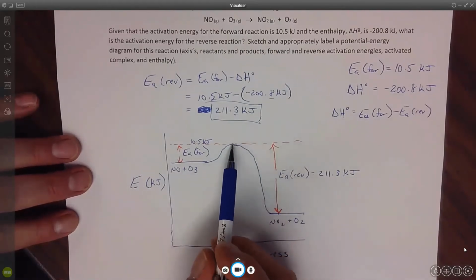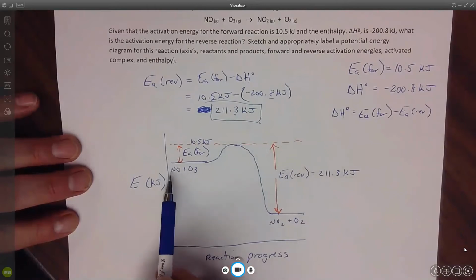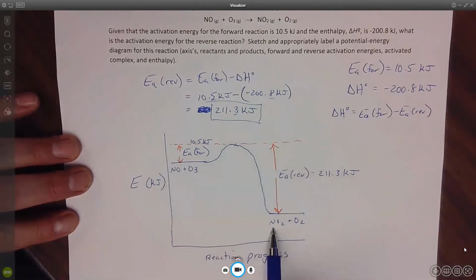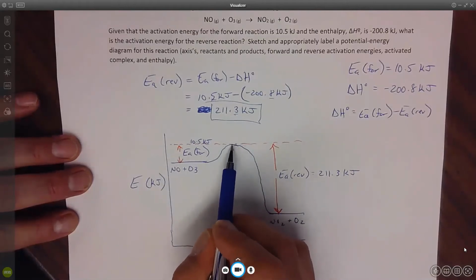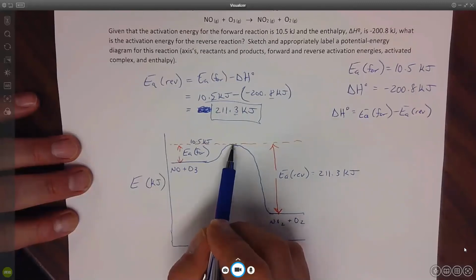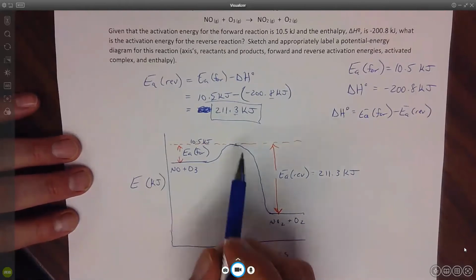What happens at this point? I know at the reactants, this is what I have. When it finally gets to the products, this is what I have. But what's happening here in the middle? Well, remember, what's literally happening on a molecular scale?